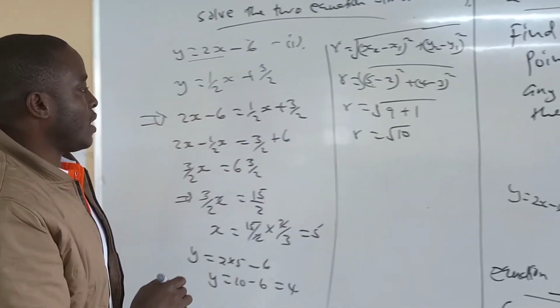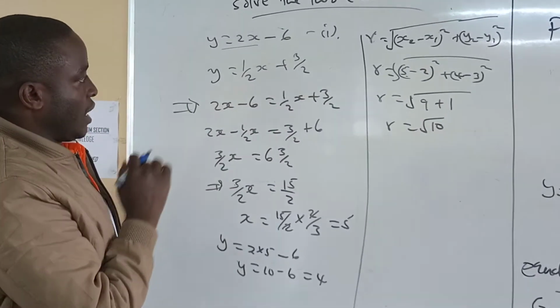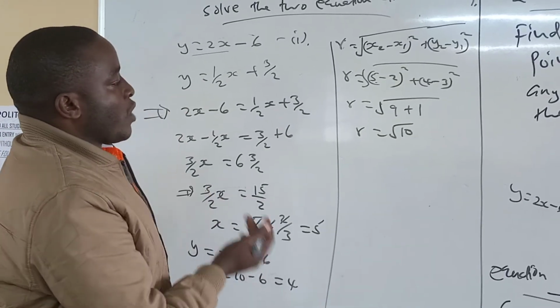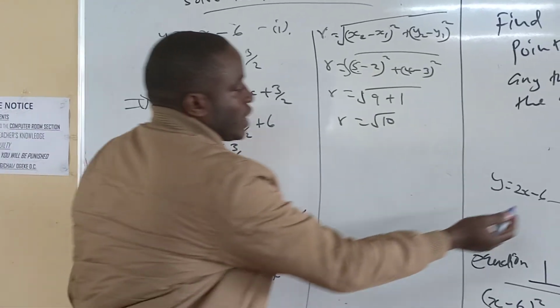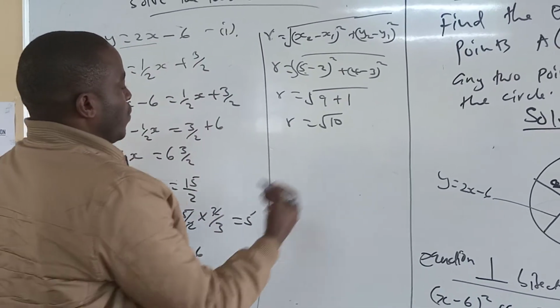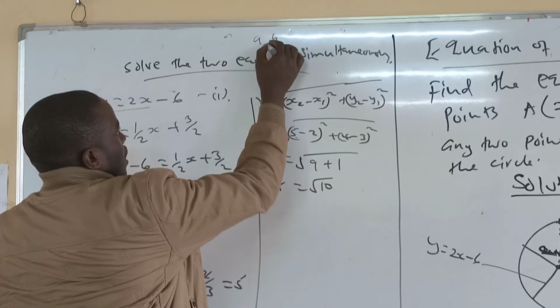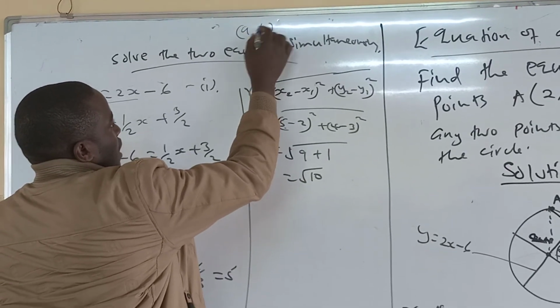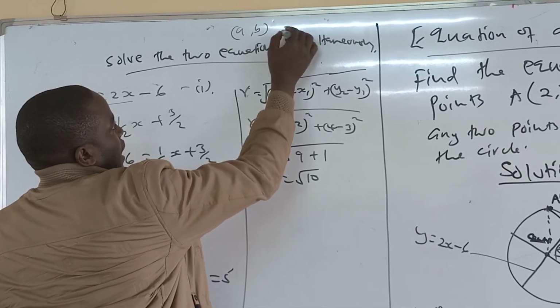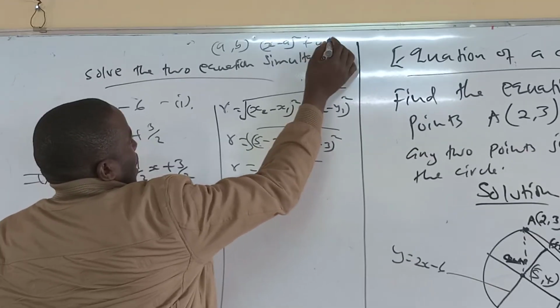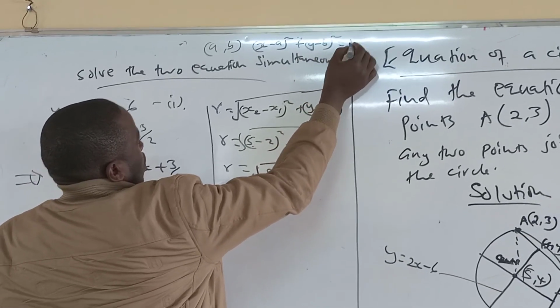If you have r as the root of 10, just leave it in root form. Then we know the center, so we can easily form the equation. If you have the center (a, b), the equation is usually x minus a squared plus y minus b squared equals r squared.